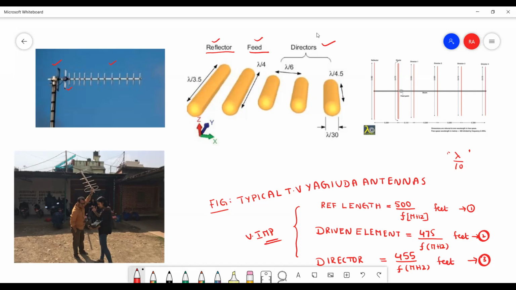Both directors and reflectors are used in the same antenna, and the reflector is around 5% more than the driven element, so the reflector length is 5% more, and the director is 5% less than the driven antenna.